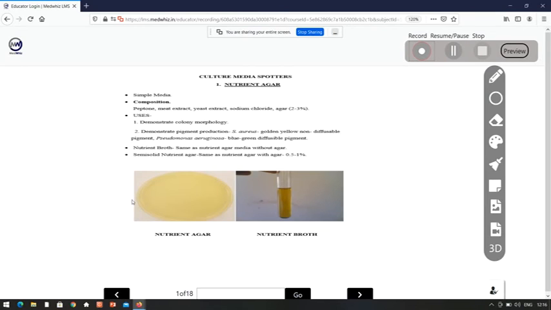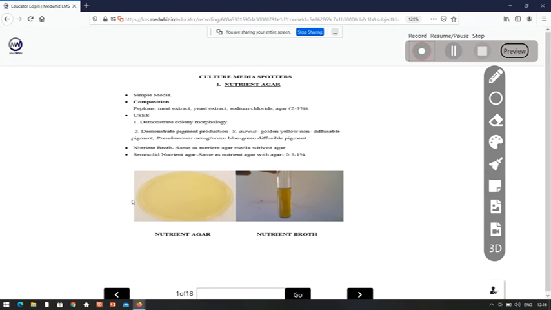This medium is usually used to demonstrate colony morphology of pathogens and to demonstrate pigment production.